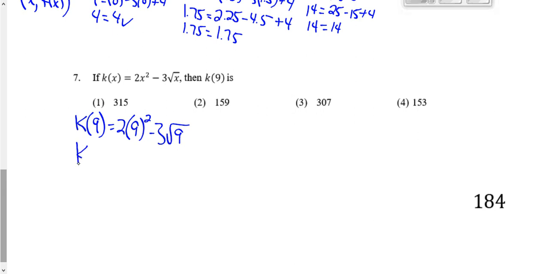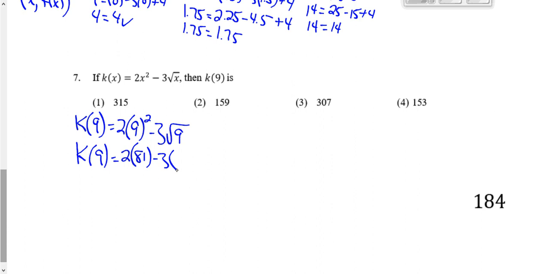So k of 9 equals, what do we do first here, kids? You square the 9. What's 9 squared? 81. Times 2, 81, minus 3 times what?